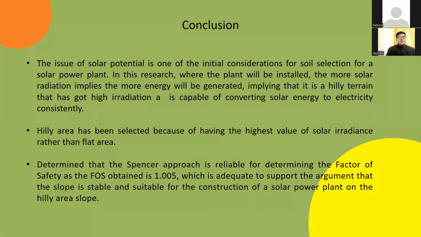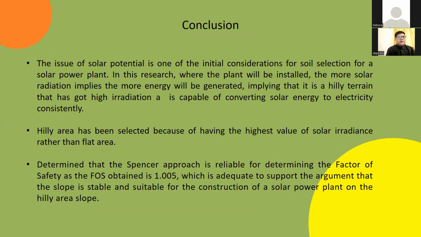Now we will proceed with the conclusion. First one is that the issue of solar potential is one of the initial considerations for site selection for a solar power plant. In this research, where the plant will be installed, the more solar radiation implies the more energy will be generated, implying that a hilly terrain that has high irradiation is capable of converting solar energy to electricity consistently.